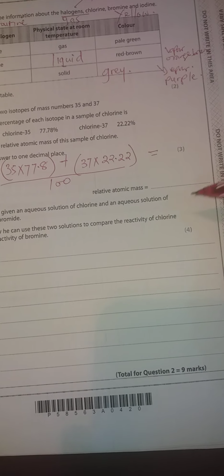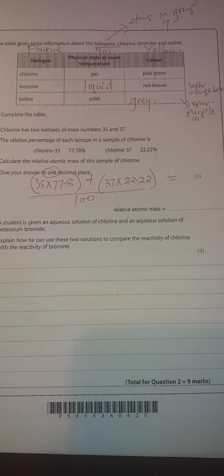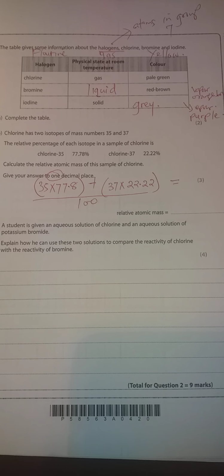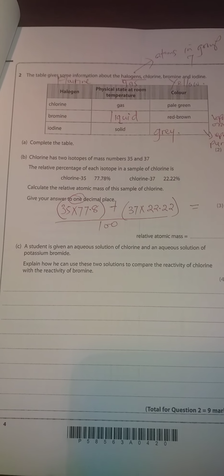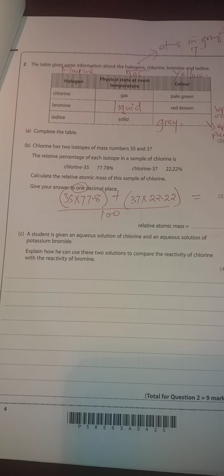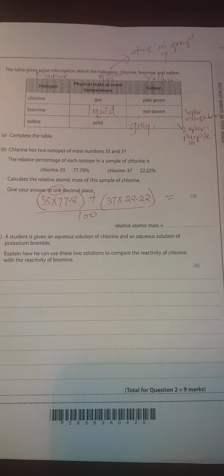Then you are supposed to divide everything by 100. After that, get the answer and write the relative atomic mass. But remember to write the relative atomic mass to 1 decimal place. I don't have a calculator with me. You can calculate that one and get the answer easily.